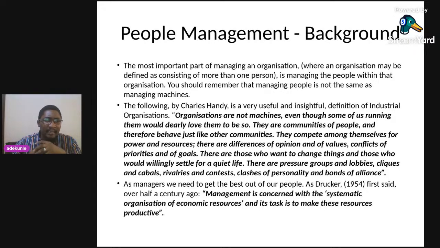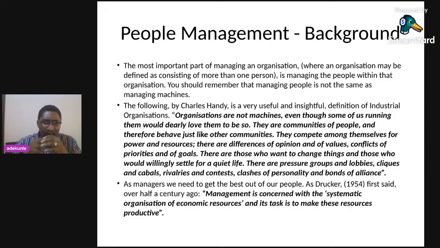So generally, if you remember when we talked about organization and managing organization, this is the class where we said there's a man called Charles Handy. He defines organization generally as how we do work around here.